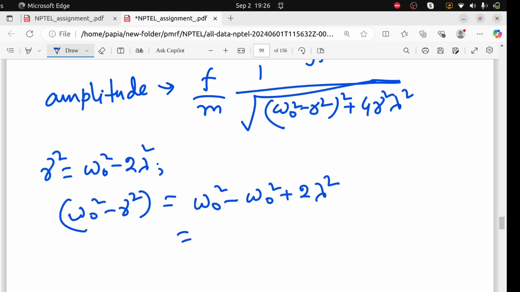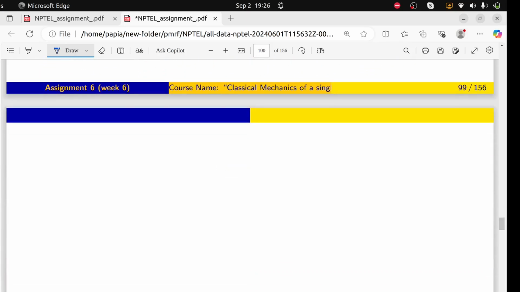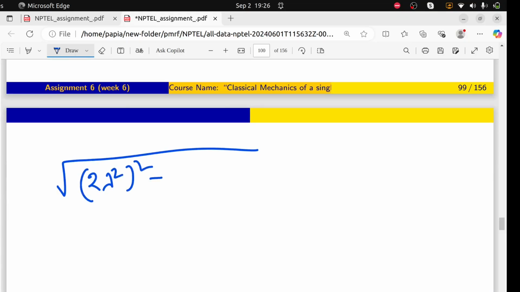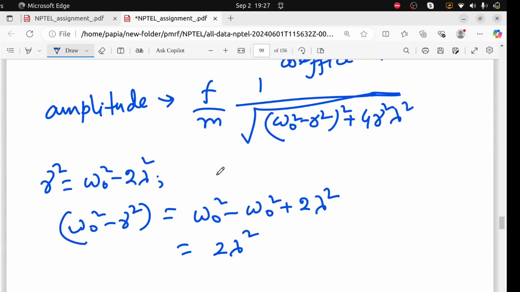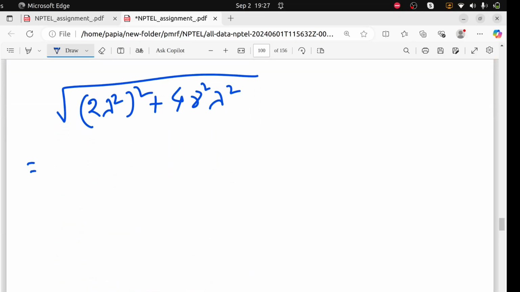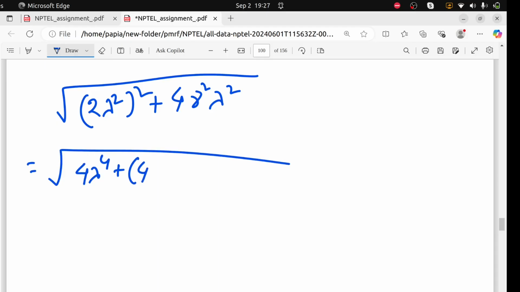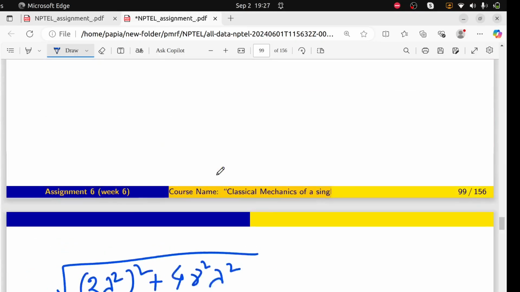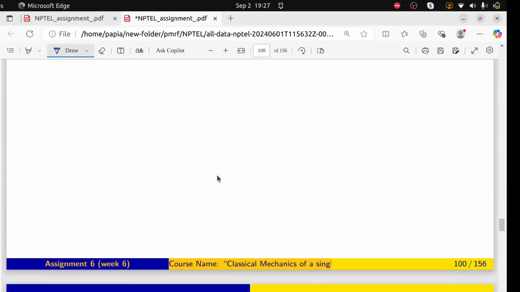So it will be simply 2 lambda square. Gamma square is omega 0 square minus 2 lambda square.